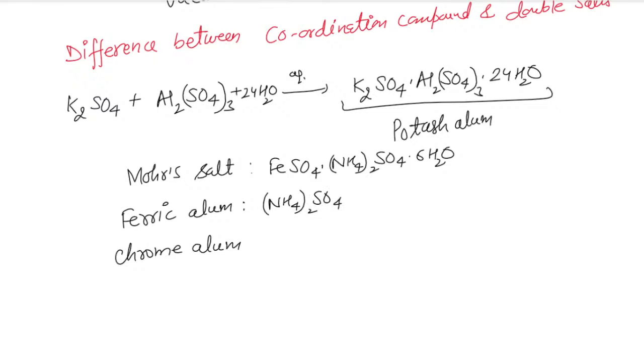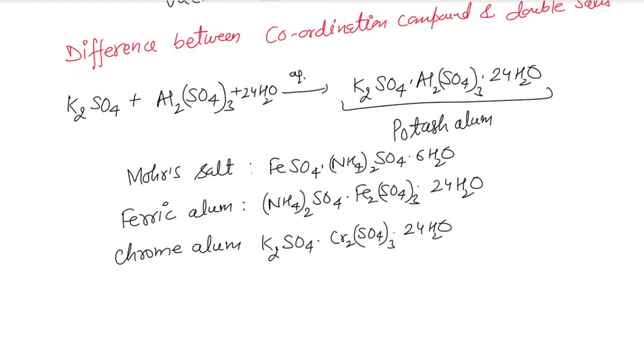Ferric alum, ammonium sulfate, ferric sulfate, 24H2O. Chrome alum, potassium sulfate, chromium sulfate dot 24H2O. So these are all double salts.